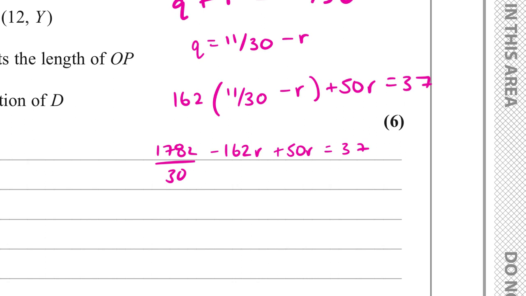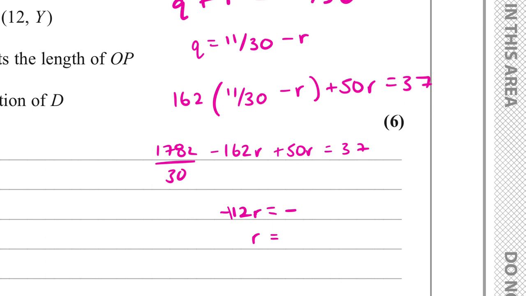So then I'm going to get minus 112r equals 37 minus 59. Then divide by minus 112.